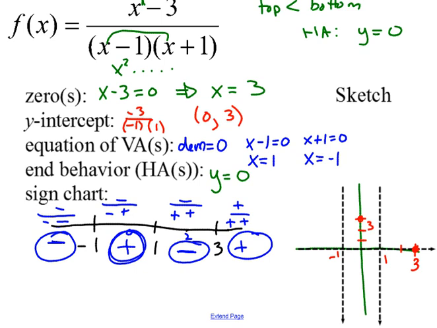My y-intercept is (0, 3), so 1, 2, 3, so (0, 3) is my y-intercept. And then I use my sign chart. So I know that I have to be negative from negative infinity to negative 1. So that means I'm going to be in this area right here. Remember, you're always approaching those asymptotes from both sides, not crossing them on the ends. You can cross them in the middle, but not on the end.